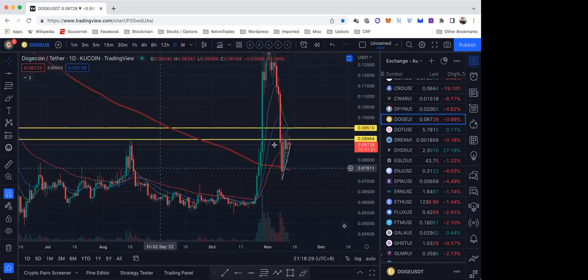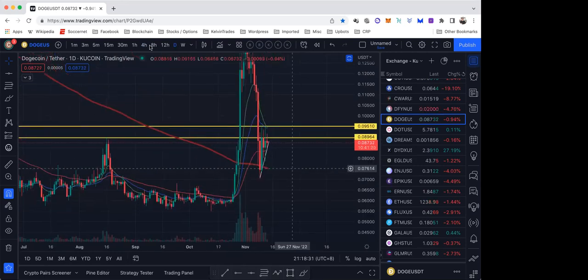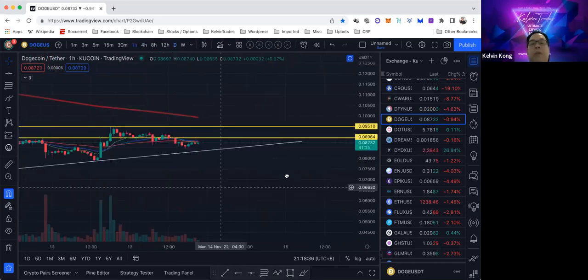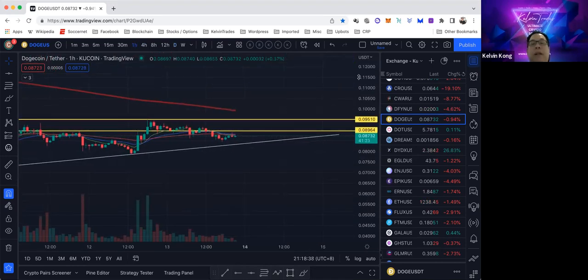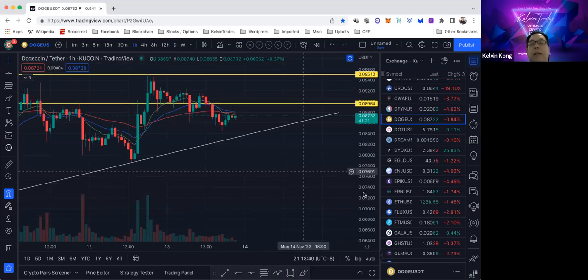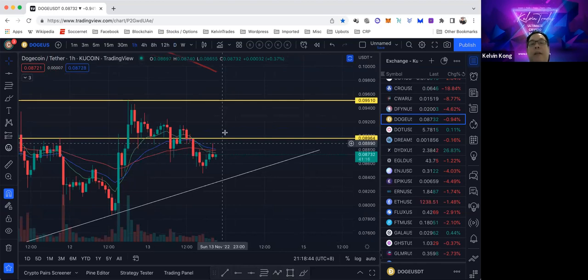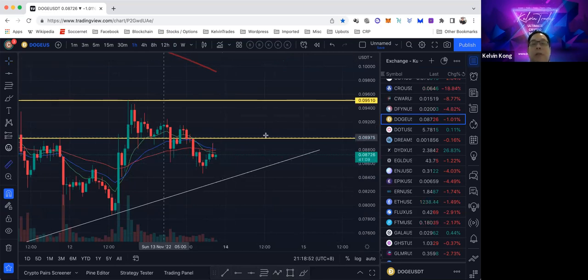Okay, if we go to a 1-hour chart, you can see more candlesticks, right? So what we want is it breaks out from here. If it doesn't come down to here and it breaks out, you can long because the next resistance is here. So let's see how much we can possibly make from here to here.